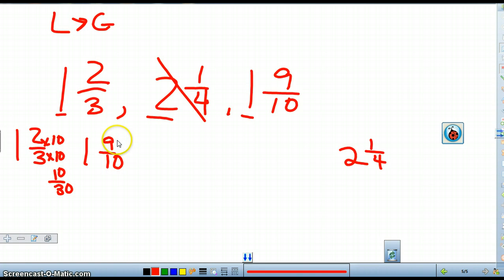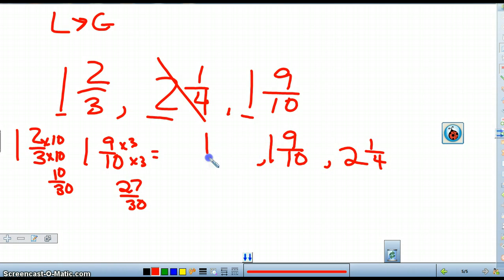What do I do to 9/10 to get 30? I multiply it times 3. And when I do that, I get 27/30. So, because 27/30 is greater than 10/30, I know then that 1 and 9/10 is greater than 1 and 2/3. So when we have them in order, it should be 1 and 2/3, 1 and 9/10, 2 and 1/4.